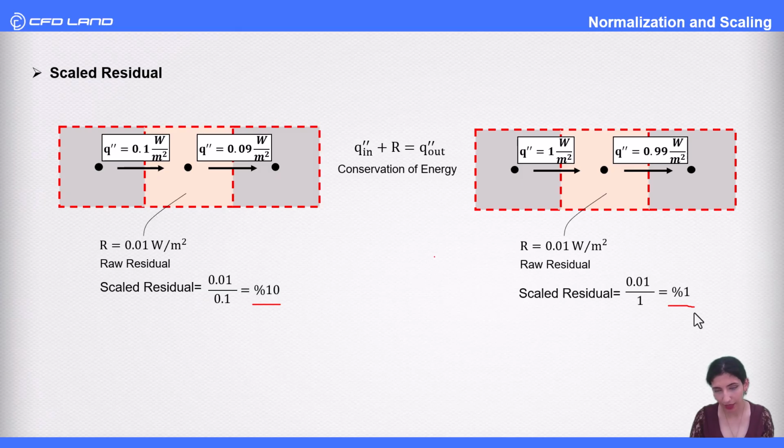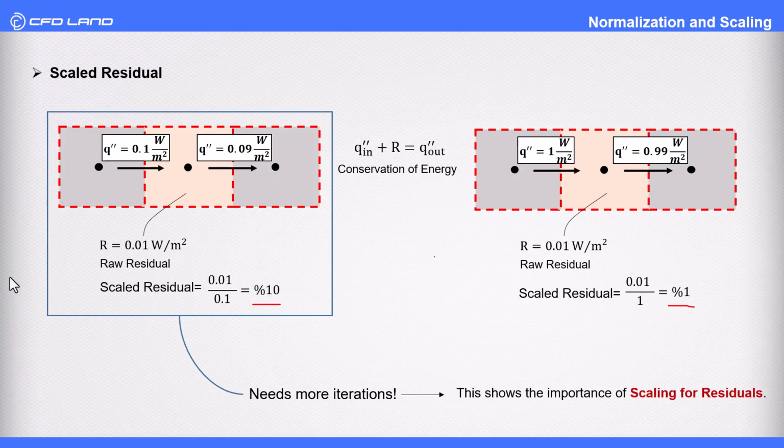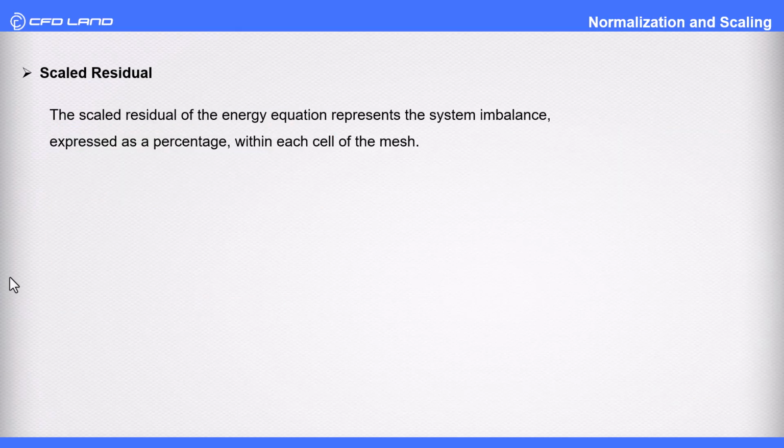As you can see, in the case on right, we have 1% error, while for the case on left, we have 10% error. It means we need more iterations. Scaled residuals show the percentage of gained or lost energy in our cell.